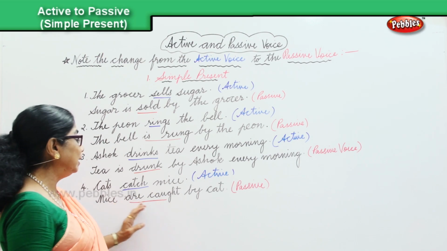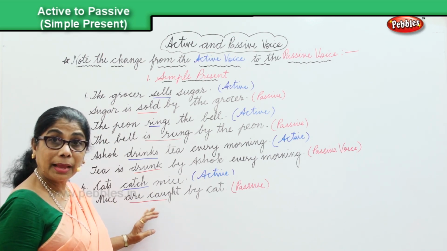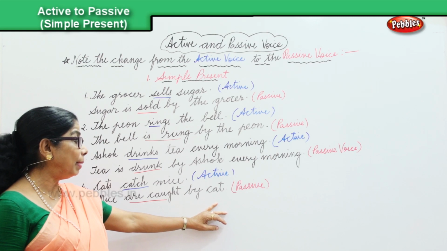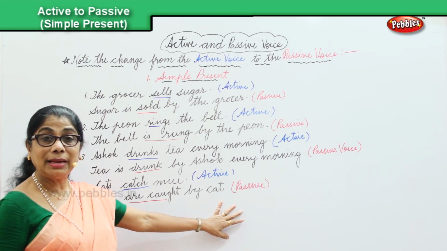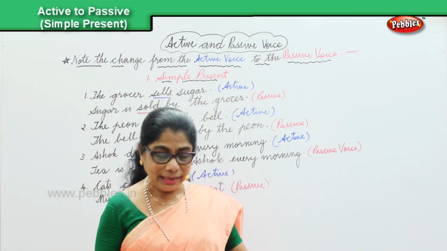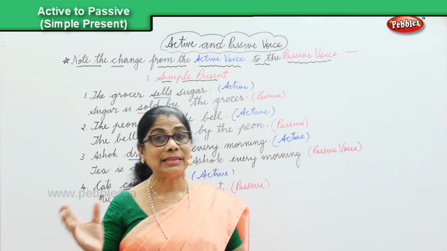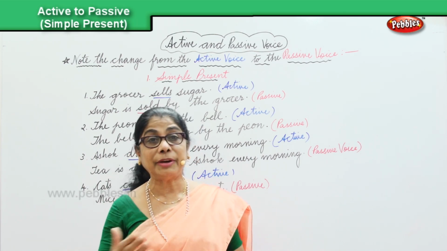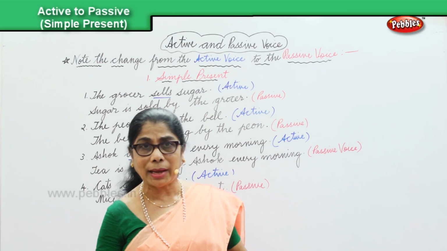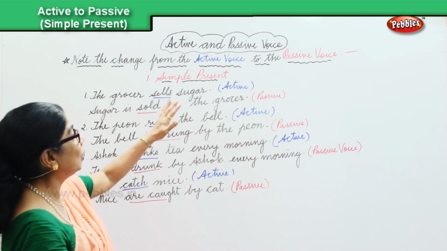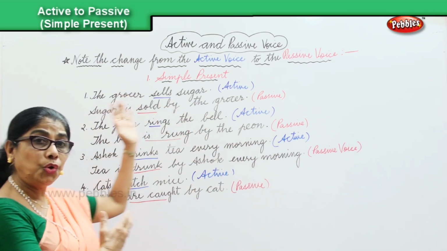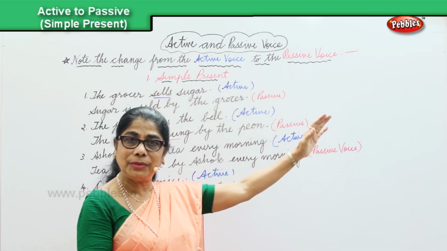Active. Mice are caught by the cat. By cat. That is passive voice. Like this, every other simple present, present perfect, in everything we will look at. Okay? We are going to look at how changeover from the passive to the active voice.